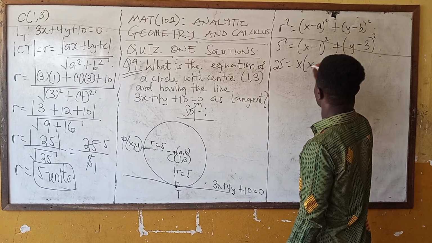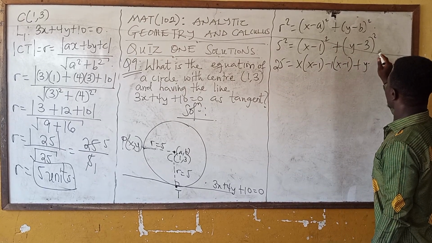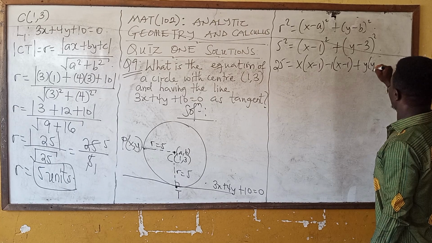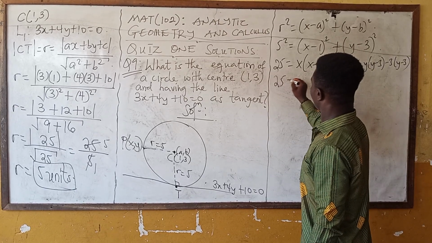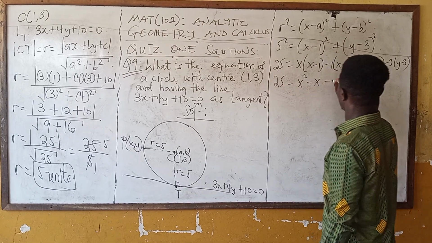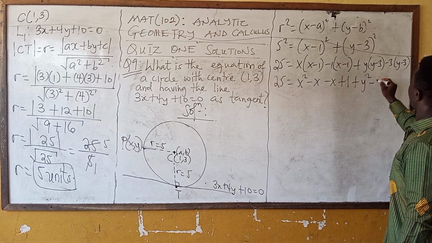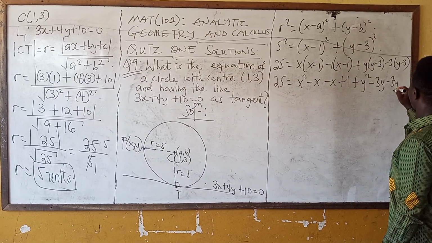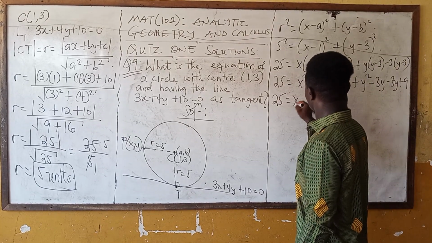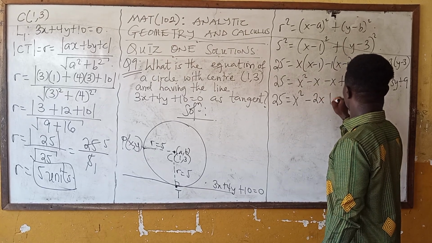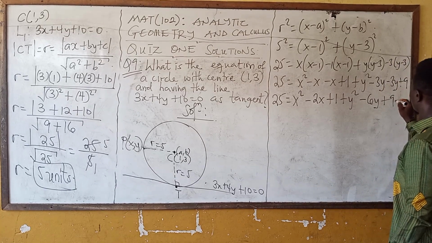Now we can multiply so that we get something like this, plus y minus 3 times y minus 3. So we have 25 equal to x squared minus x plus 1 plus y squared minus 3y minus 3y plus 9. So we have 25 equal to x squared minus 2x plus 1 plus y squared minus 6y plus 9.